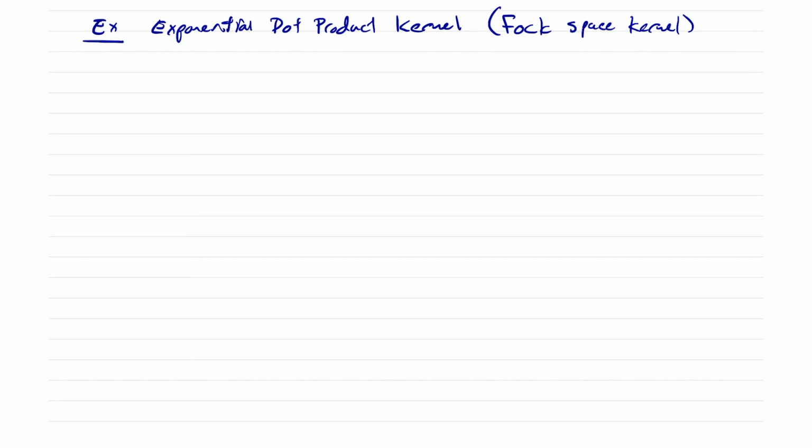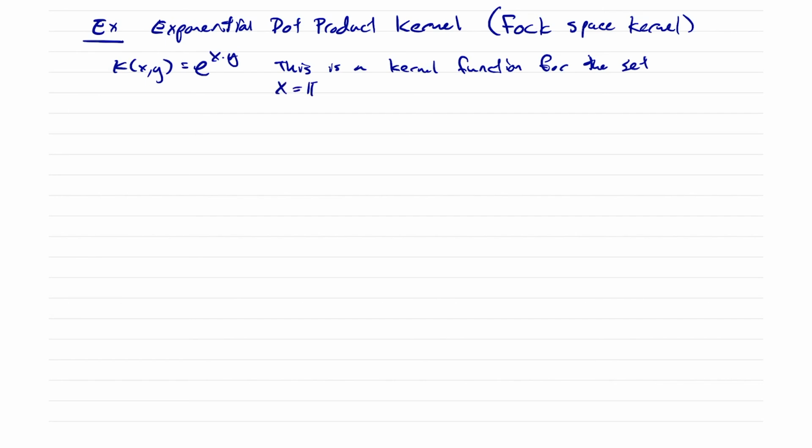Basically we're going to be writing k(x, y) is equal to e to the x times y. And this is a kernel function for the set X equal to R.